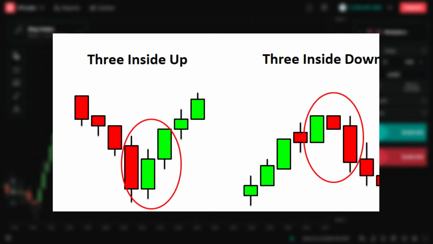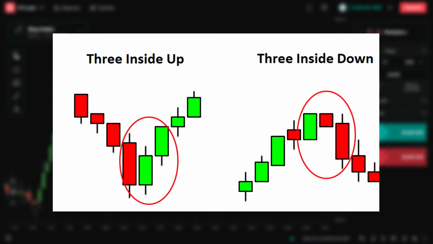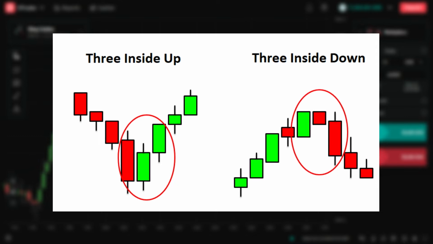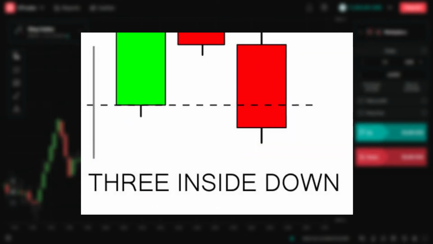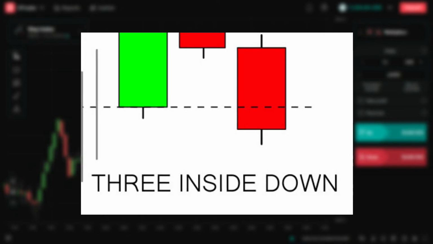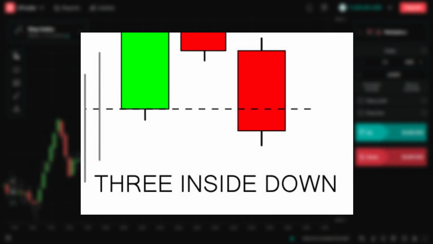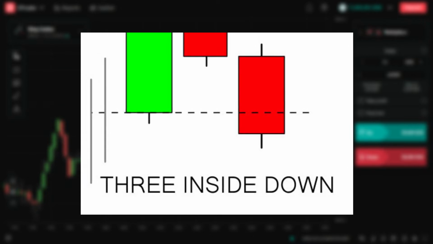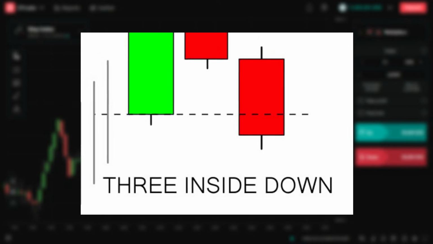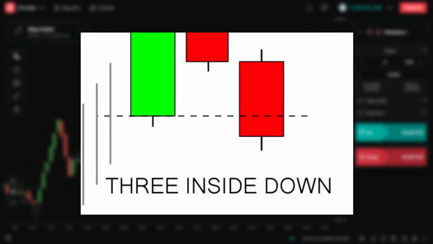When it comes to the 3 inside down pattern and the 3 inside up pattern, there are 2 types of formations. So let me talk about the 3 inside down pattern. At the top of an uptrend, this type of 3 inside candlestick pattern might be seen. A long bullish candle forms the first of the 3 inside down pattern.